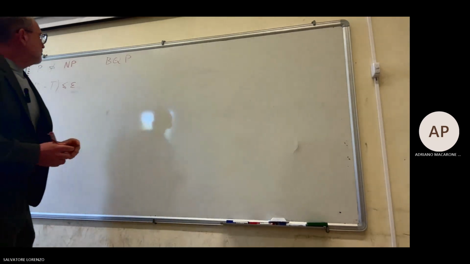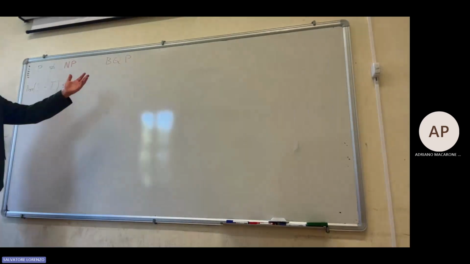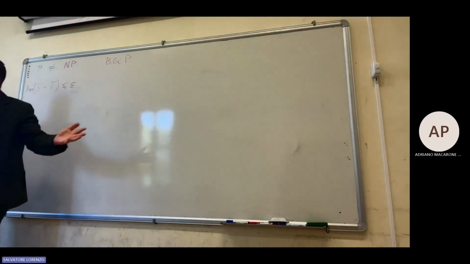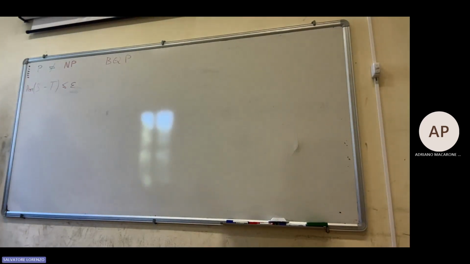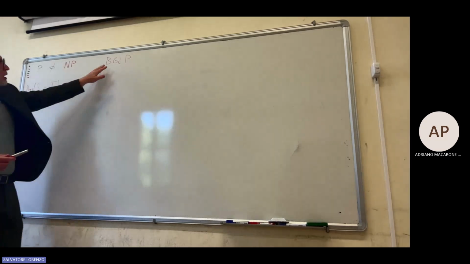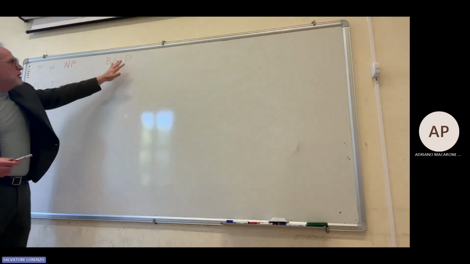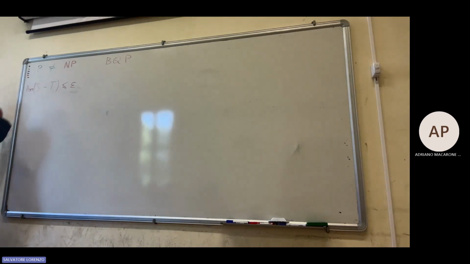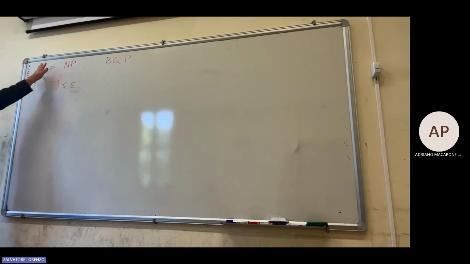But this is for the factorization problem. We have the Shor algorithm. The Shor algorithm is in this BQP class of problem, and it works for the factorization, so to find the factorization of a number into two prime numbers. But with a classical computer, this is not in the P class.